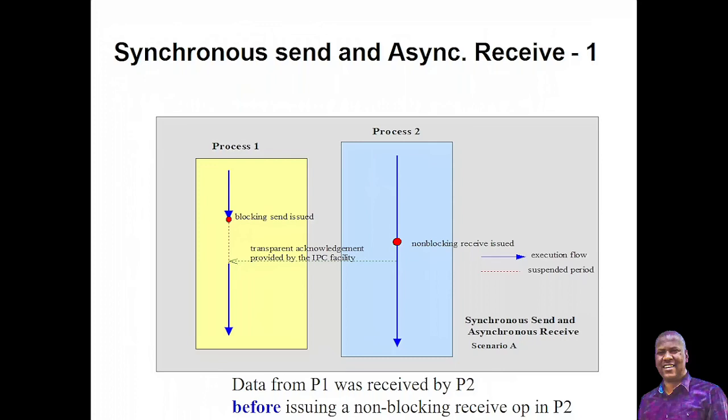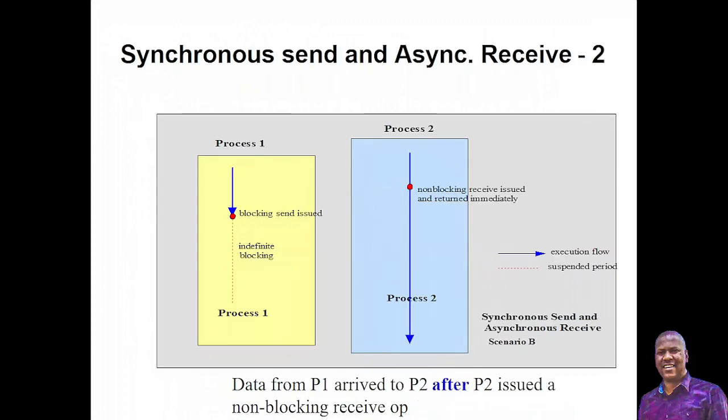So data from P1 was received by P2 before P2 issued a non-blocking receive. That's how synchronous send and asynchronous receive is implemented.